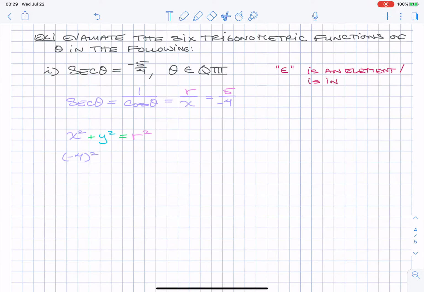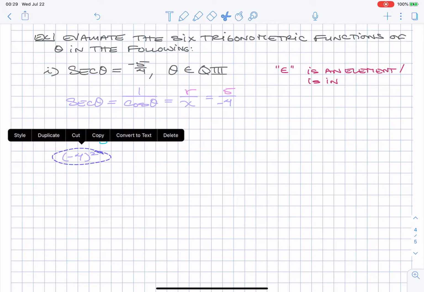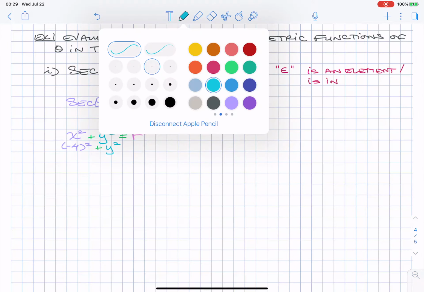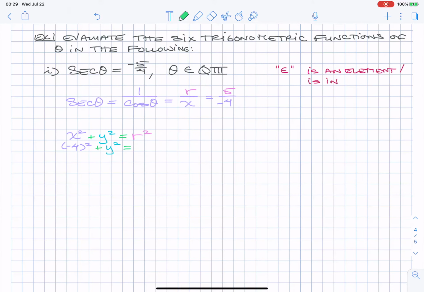Should I skip a line? Okay, so quantity -4 squared plus y squared, which is what I'm looking for, is equal to 5 squared.